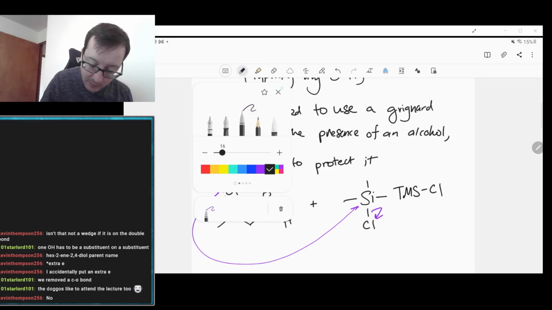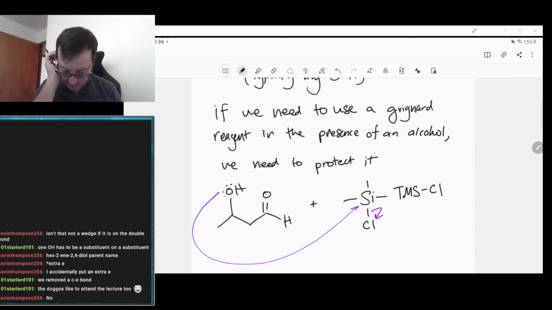You might be thinking, well, that's an SN2 reaction. SN2 reactions are not going to happen on tertiary centers. Silicon is much bigger than carbon is, so we're okay. With carbon, those methyl groups would block us from attacking, but silicon is much bigger than carbon is.